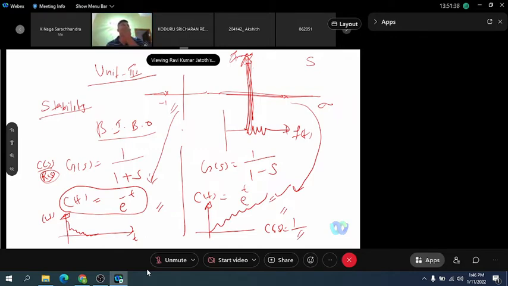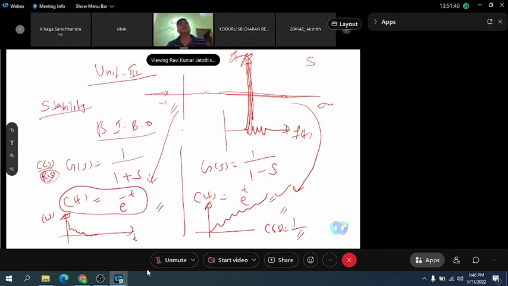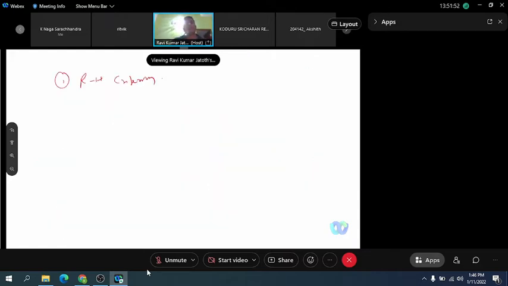In that case, without solving the characteristic equation, we will say how many poles are lying on the left half of the S plane and how many on the right half, with the help of a criterion called the Routh-Hurwitz criterion, the RH criterion. That is what we are going to see in the third chapter.